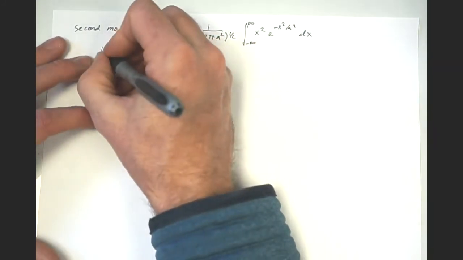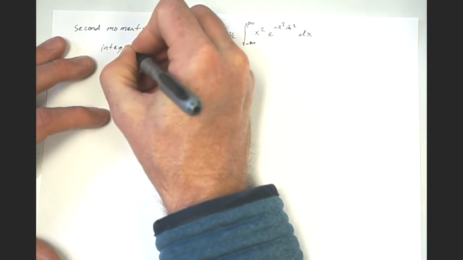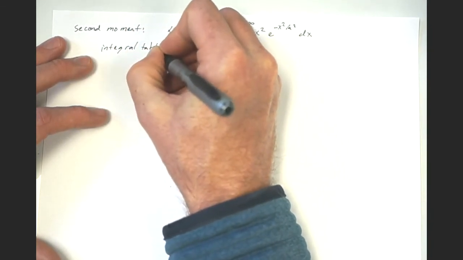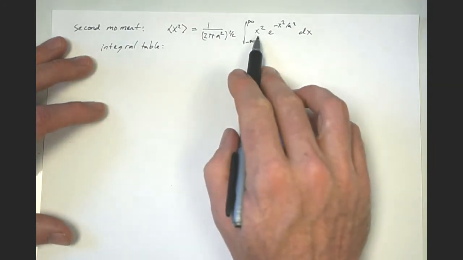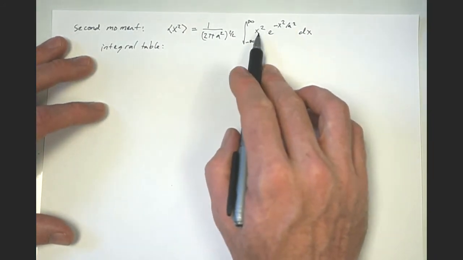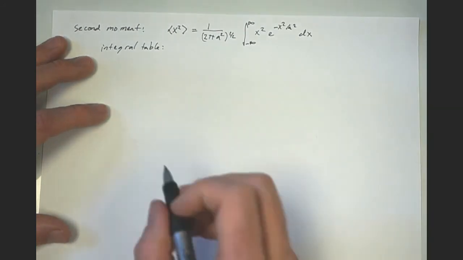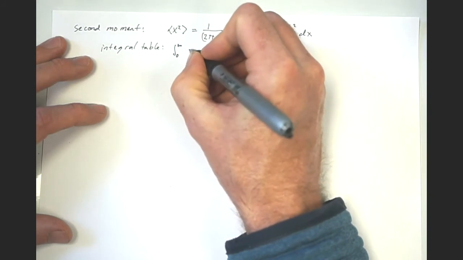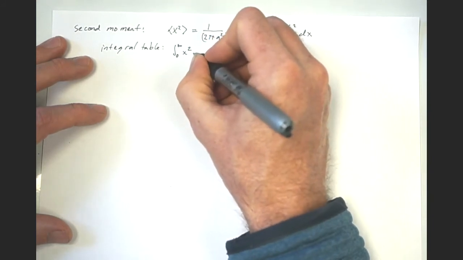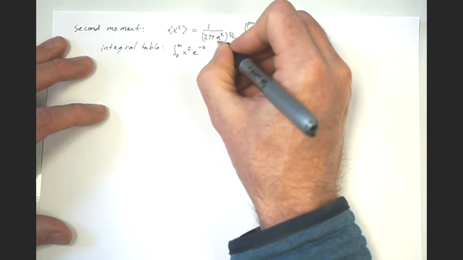Again, we want to look this one up in an integral table. This isn't simple like before where we can just say it's an odd function. This is an even function times an even function, a parabola times a Gaussian. In our CRC handbook, we can find this integral, or it's also in your textbook in Math Chapter B.